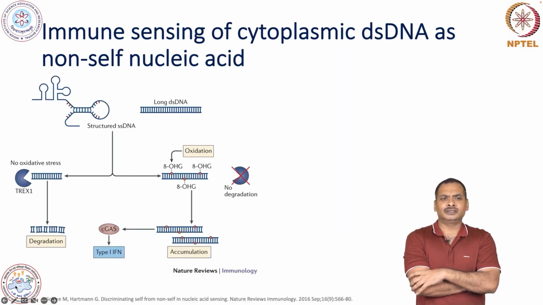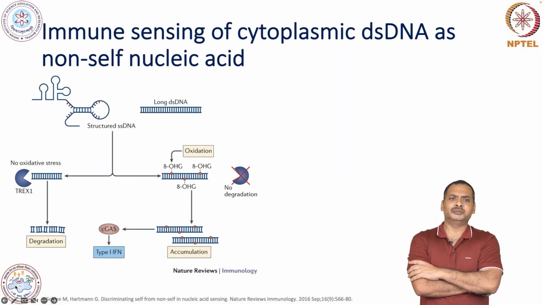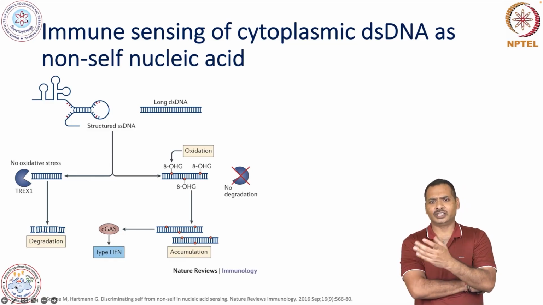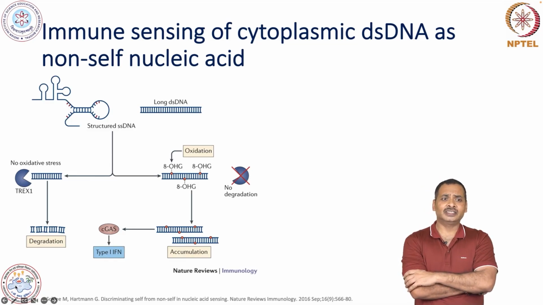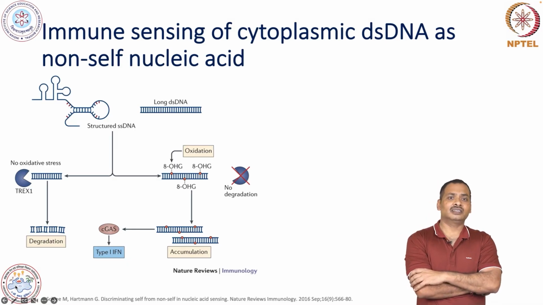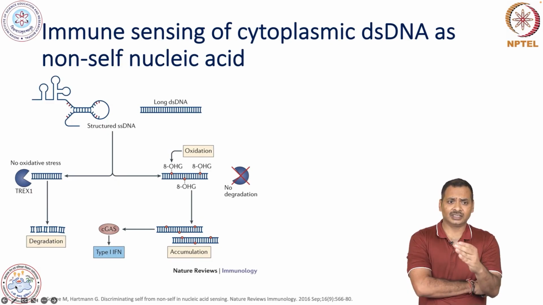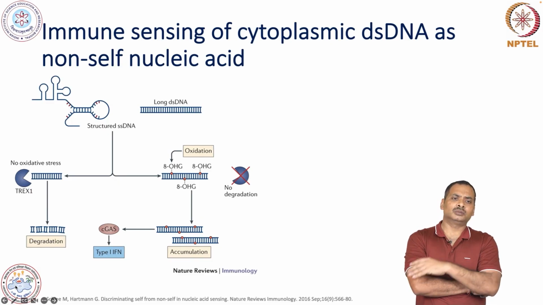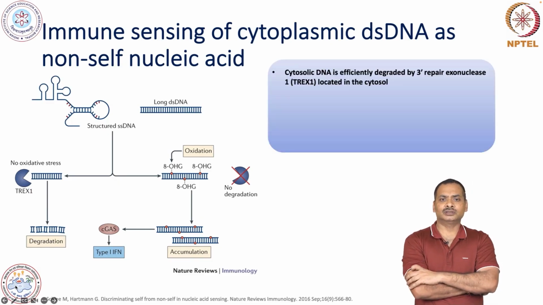Another is the immune sensing of cytoplasmic double stranded DNA as a non-self nucleic acid. Here you can see that there are unstructured single stranded DNA and long double stranded DNA molecules.